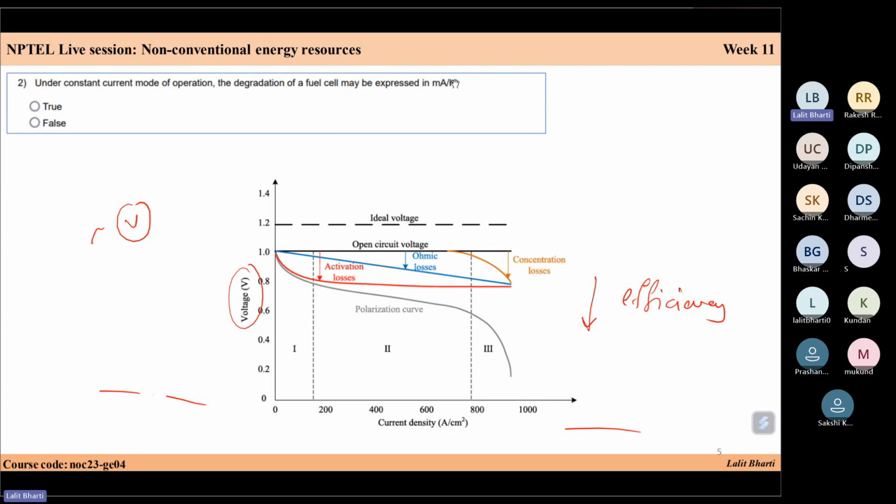So your hour will be the same. So you will get a degradation in your milliampere per hour parameter.